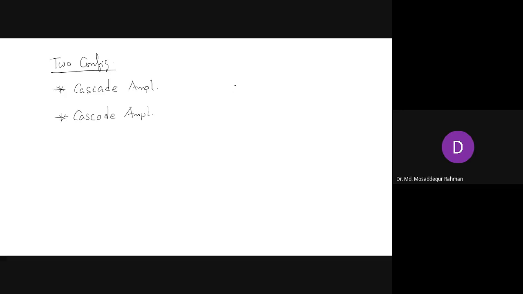So the cascade amplifier will look something like this. Let's say this is the signal, and the first stage is a common collector. Then the output goes to a common emitter here.